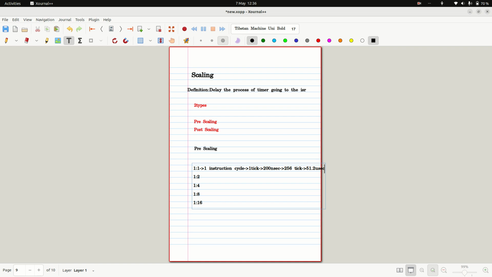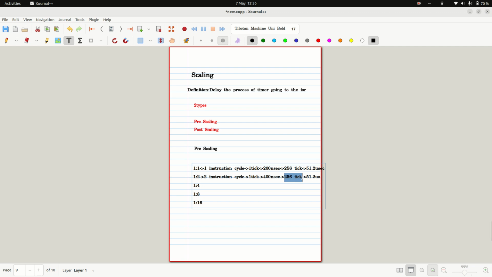So, what will happen in the case of 1:2? After two instruction cycles, one tick happens, so the duration is 400 nanoseconds.